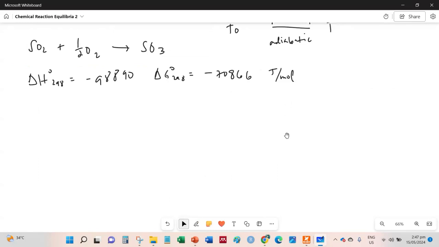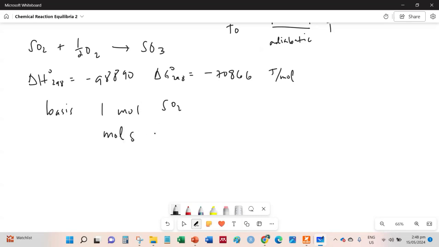What else do we need to proceed? Let's write the number of moles for the entering feed. We assume that the basis is 1 mole of SO2 as the reactant. So mole SO2 is equal to 1.